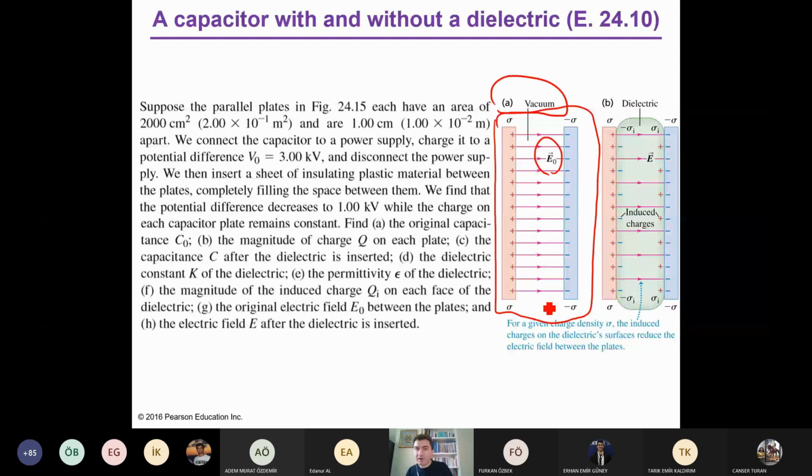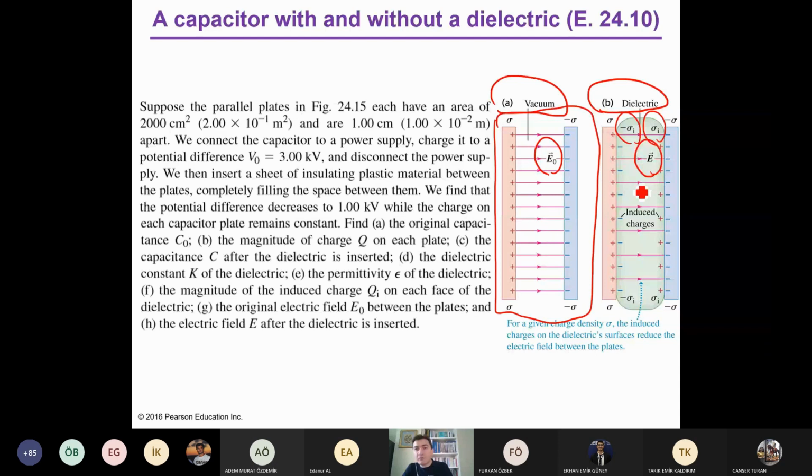And we have produced induced charges within the dielectric material and the electric field between the plates is decreased, the voltage difference is decreased, okay? And we now have a bigger capacitance of the capacitor after inserting dielectric material. We discussed this during the first part of this lecture.